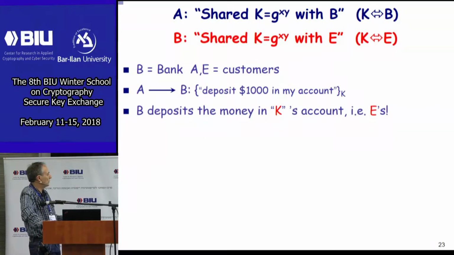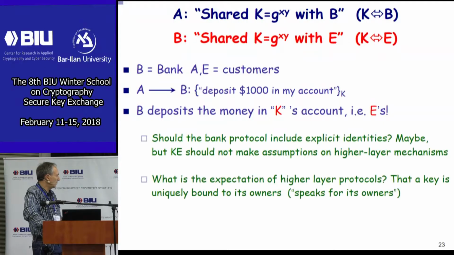But in the view of the bank, this goes to Eve's account. This is actually the original example from the paper by Diffie, Van Oorschot, and Wiener, where they show this UKS attack for the first time.